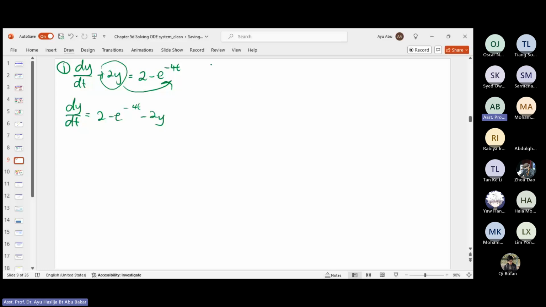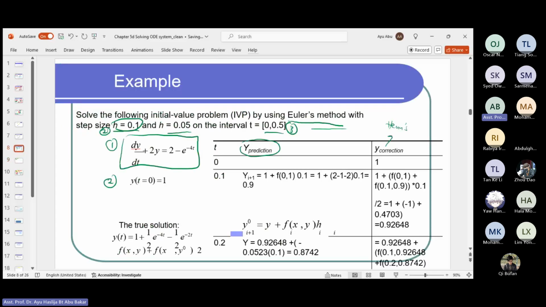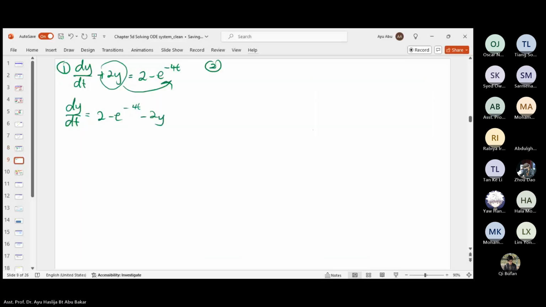Then step 2, your starting point. Starting from here is given as y at t equals 0 equals 1, meaning that at t0, y equals 1.